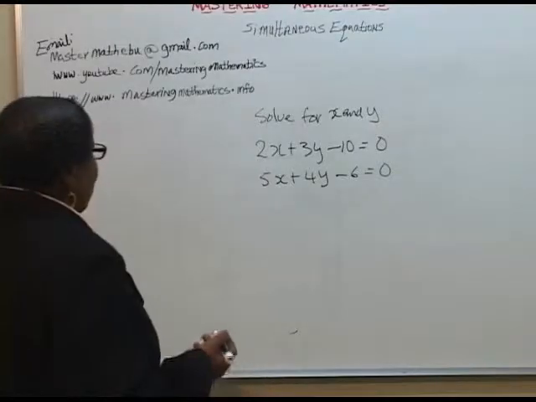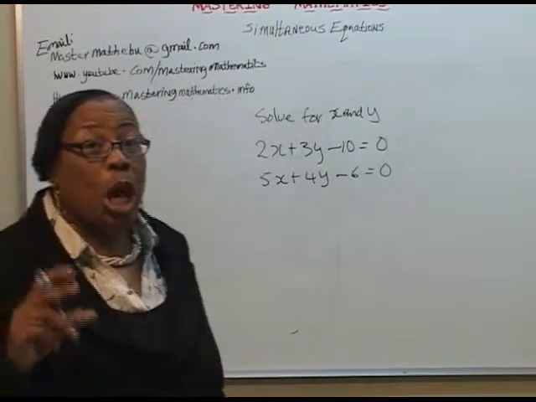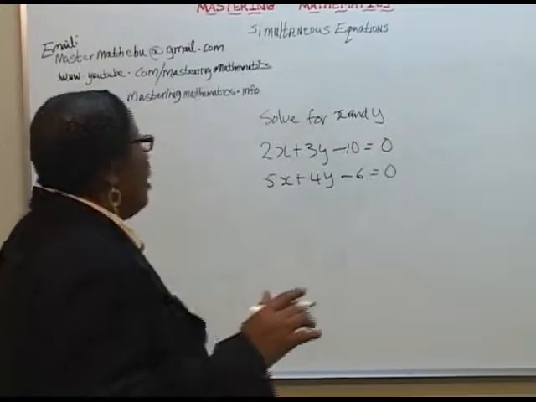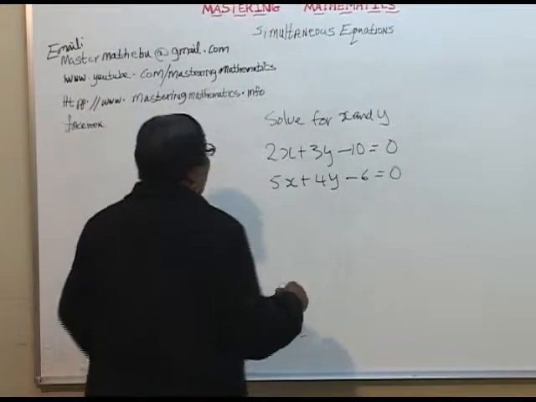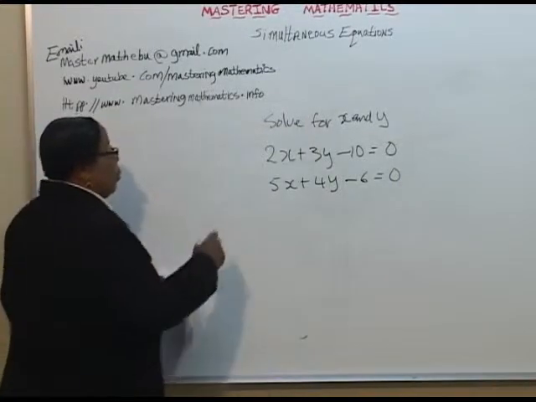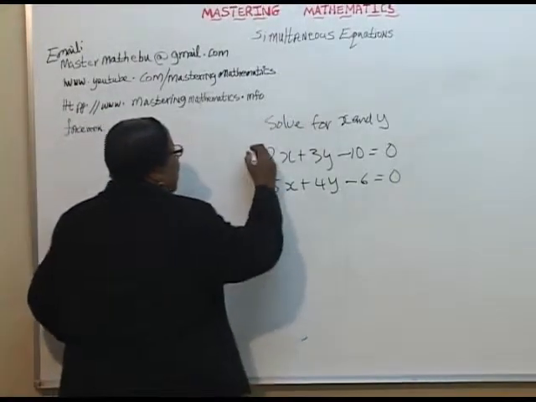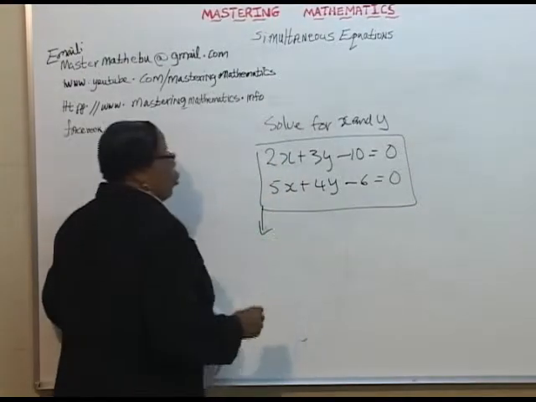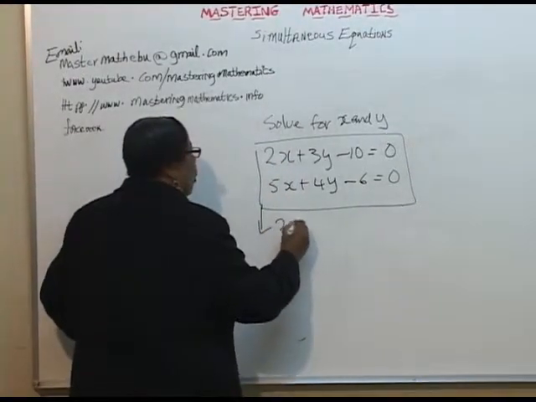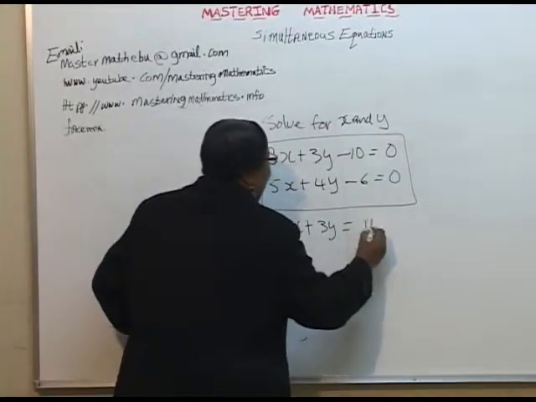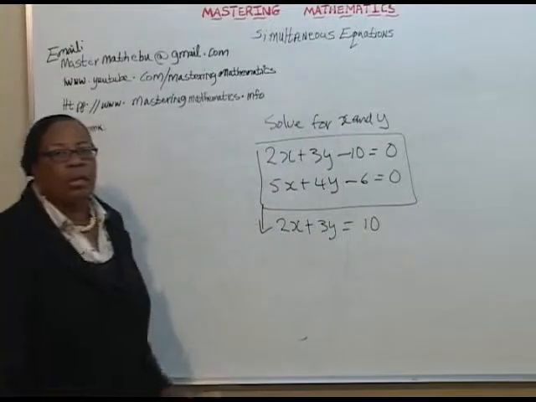And if not, let me start teaching you now that sometimes for the examination, the simultaneous equation comes in this form. Okay? So you translate it and transform it to what you are accustomed to. So you should be changing it to 2x plus 3y is equal to 10. Take the 10 over to the other side.